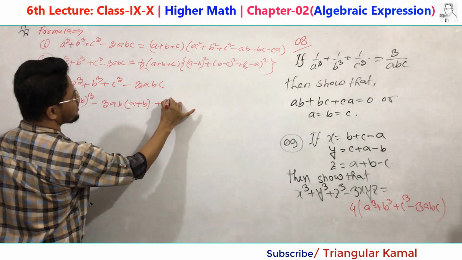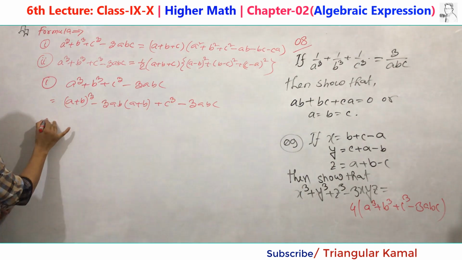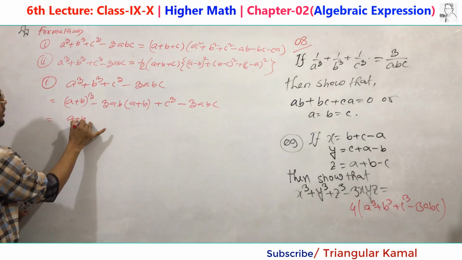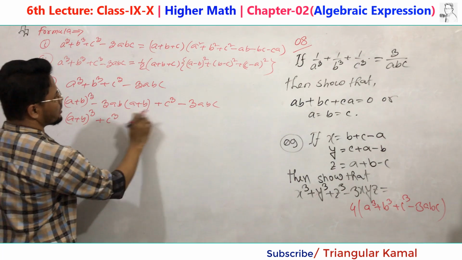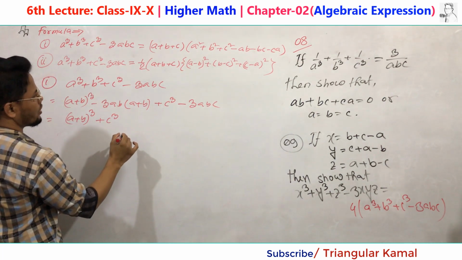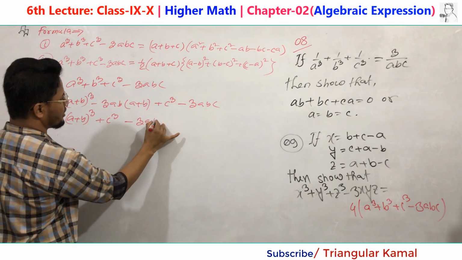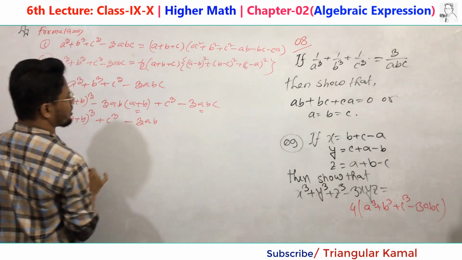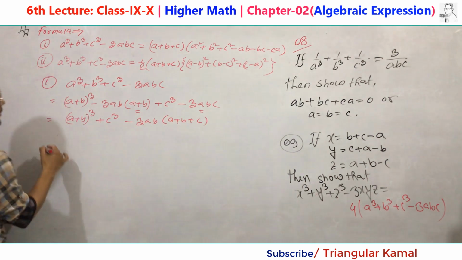The remaining c cube and minus 3abc. Now arrange the data: a plus b whole cube with c cube, and from these two parts we can take common minus 3ab, this one and this one. The remaining is a plus b plus c.